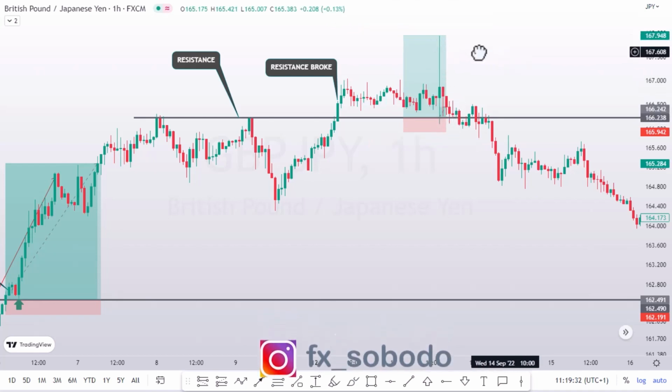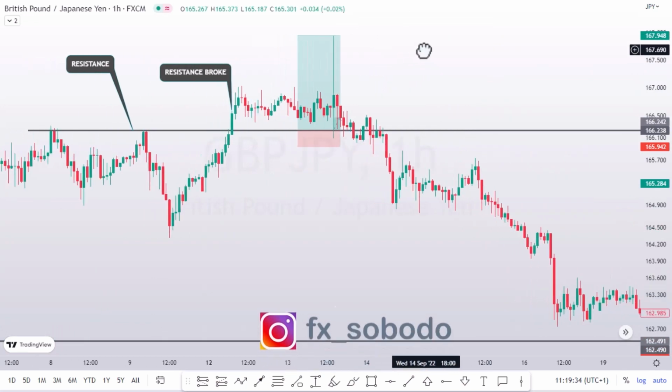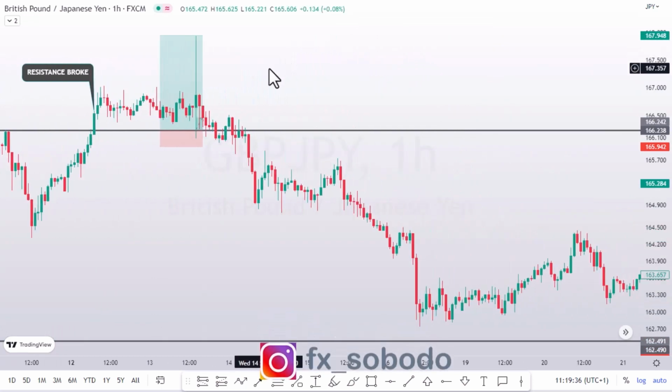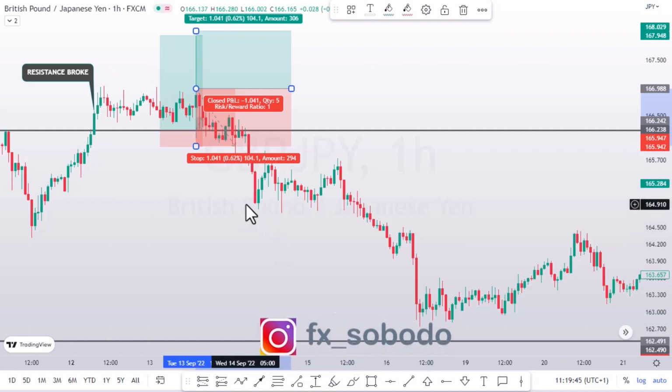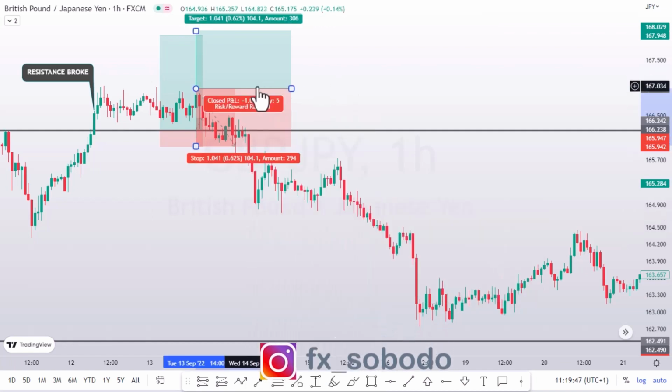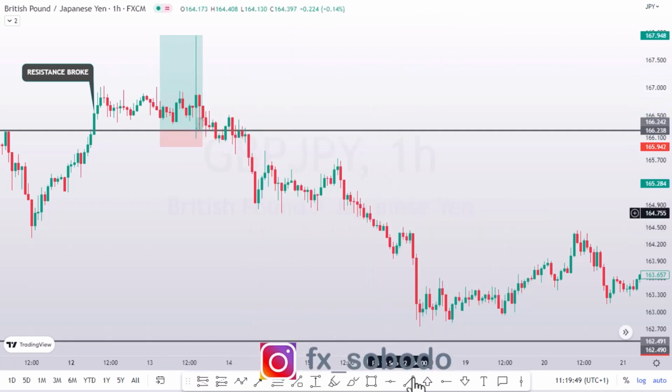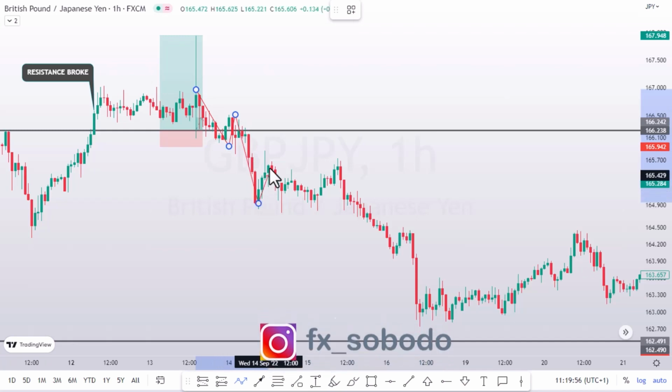Here again, price was now moving. Lower lows, lower highs, lower lows.